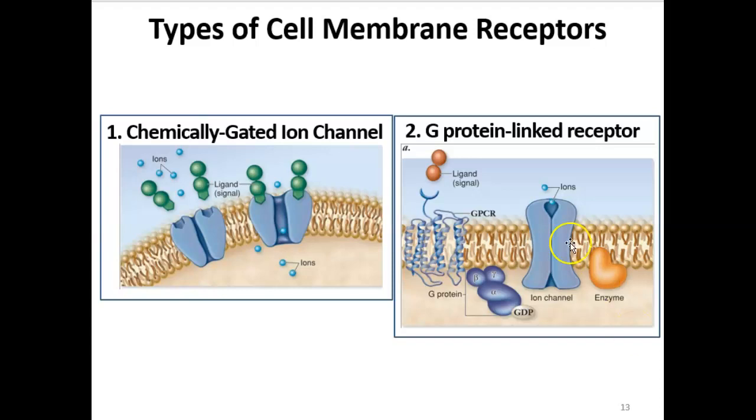In this slide, the other nearby proteins are an ion channel and an enzyme. The effect of binding to a G protein linked receptor will become a bit more tangible to you if we look at some very specific examples.